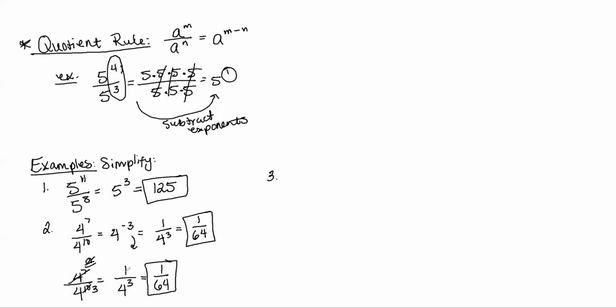Okay, let's do 6 to the negative 5th over 6 to the negative 2nd. So this is one of those where you can do the quotient rule first or get rid of your negative exponents first.